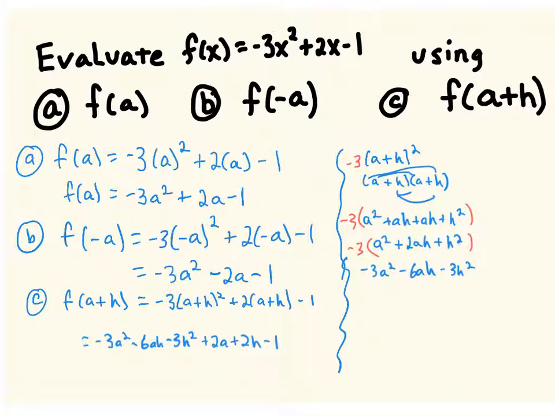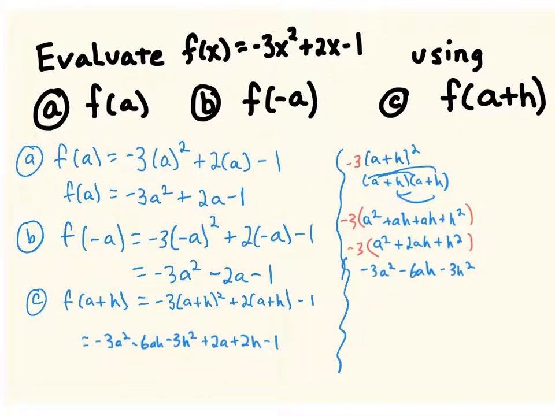Now, last thing we would do is look and explore to see if we have any like terms. We have no other a squared term. We have no other term that has a and h multiplied together. We have no other term that has h squared in it. And then therefore nothing with just a, or just h by itself.